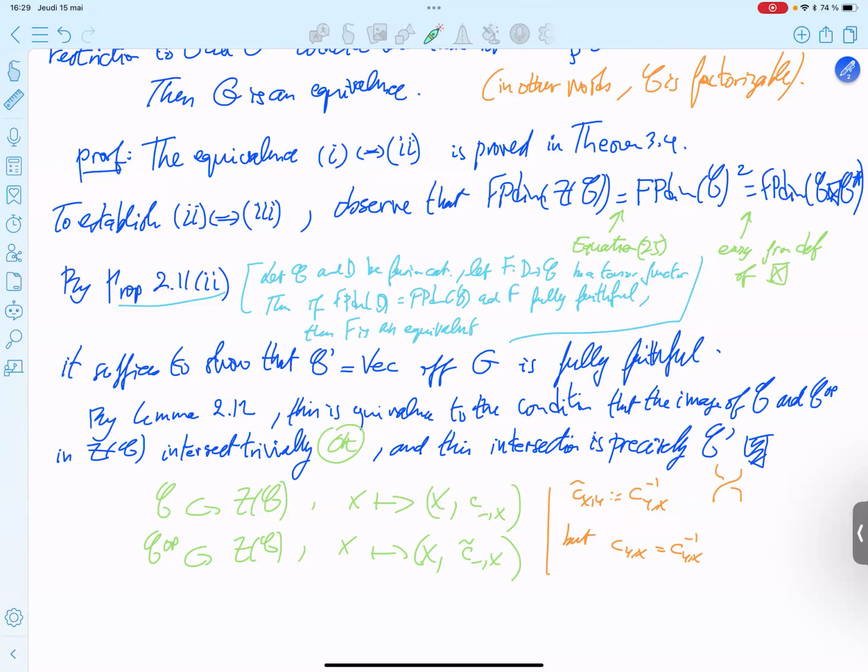So the point is here you have X. I put X on the right, and here the X is on the right, but here it's on the left, and so there is a typo.